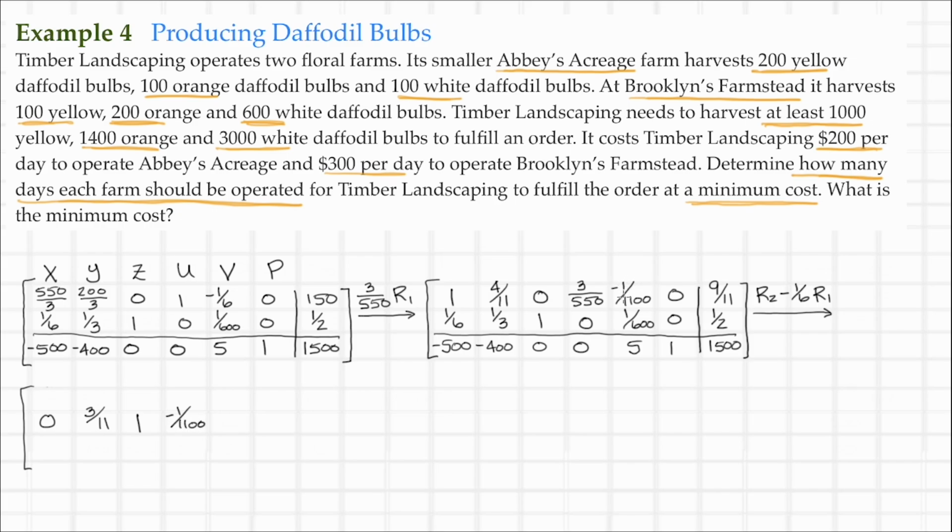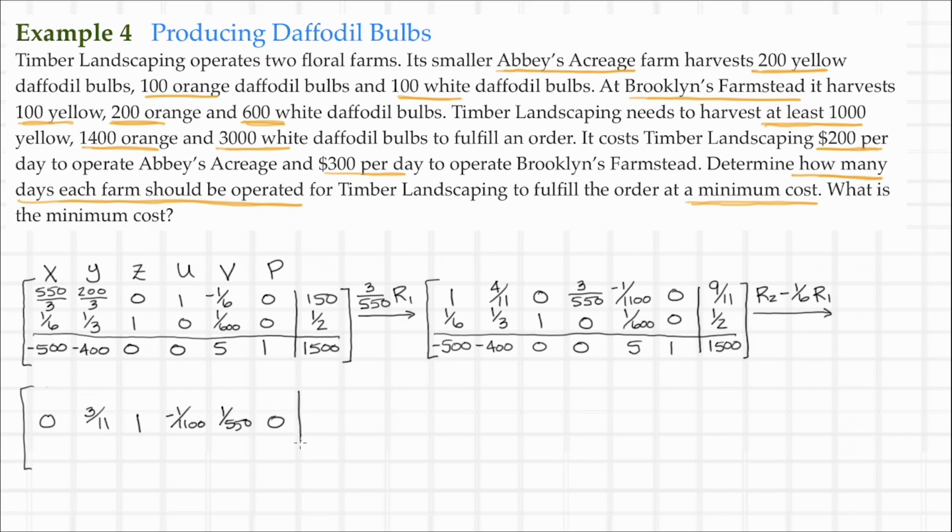Negative 1 over 1100 times 1/6, that's negative 1 over 6600. And 1 over 600 minus negative 1 over 6600, or in other words, 1 over 600 plus 1 over 6600 is 1 over 550. Then we have 0, 0, and 0.